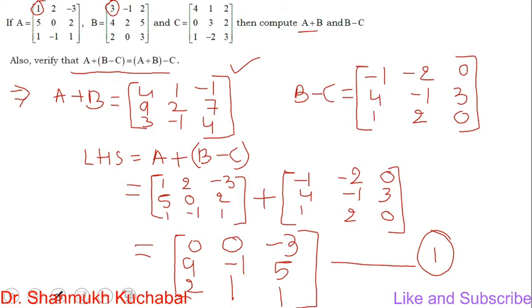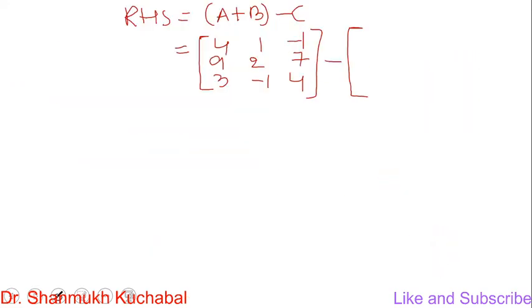C is this matrix, so we will substitute that. 4 1 2, 0 3 2, 1 minus 2 3.